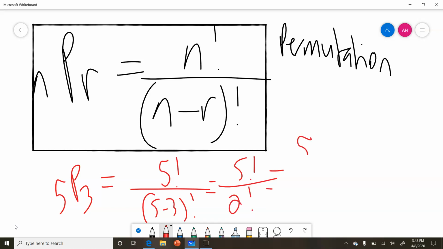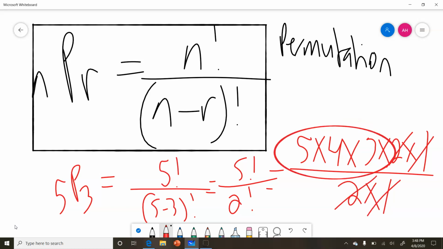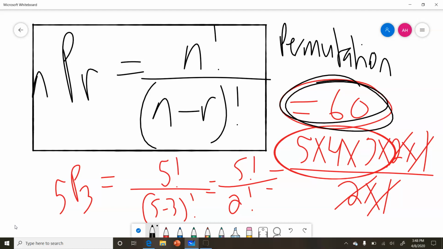So then I come over here and I write 5 times 4 times 3 times 2 times 1, all divided by 2 times 1. I cross out what's the same, and I'm left with 5 times 4 times 3, which is 60. Okay, so my final answer there is 60. So that's permutations. That's the total number of ways. You guys got these right when you had to write them out, okay?